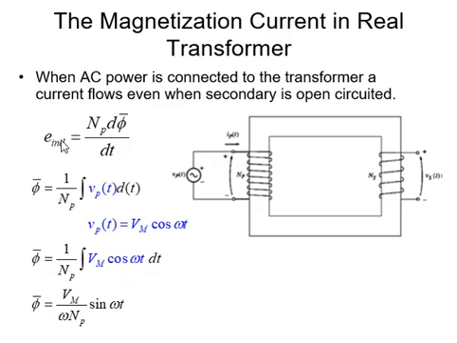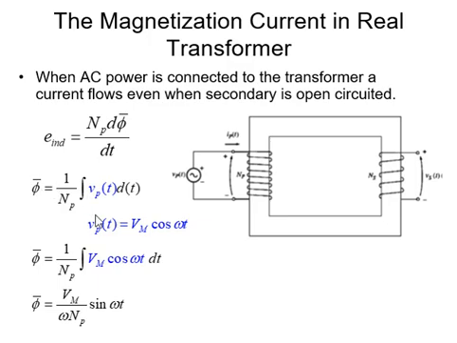So this would be the integral of Vp(t) with respect to dt, and this NP would become 1 over NP on this side. So this is 1 over NP, and the rest is this average flux.